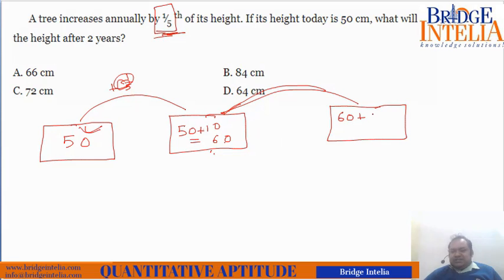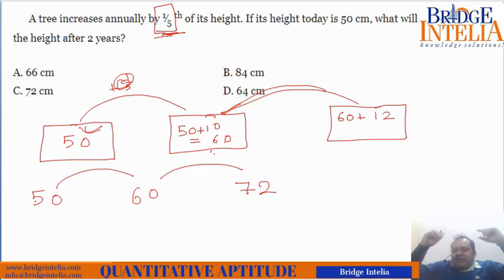So 1/5 of 60 means 12. So 50 first became 60 and 60 then became 72. So this is the compounding effect: while compounding, the current value is changed, not the initial or original value. Change is always brought in the current value. So let's take another example.